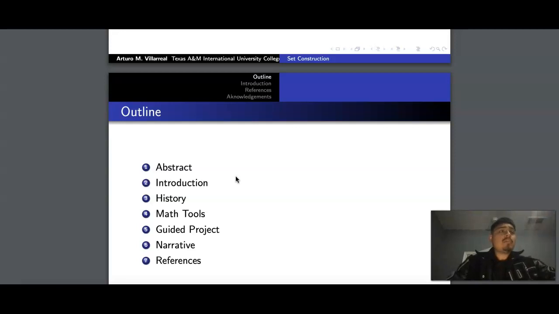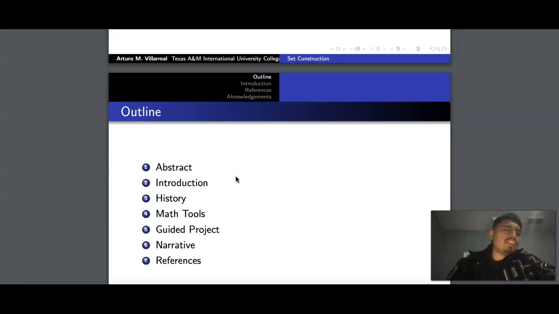In the introduction, I'm going to talk about what a theory is, and about the founder. In the history, we're also going to talk about the founder and how he arrived at this theorem. In the math tools, we're basically going to talk about what a set consists of, so we can have a little more understanding of what set construction can be.